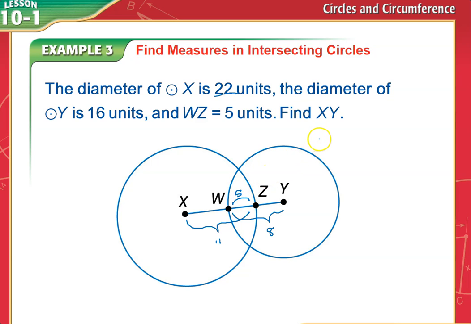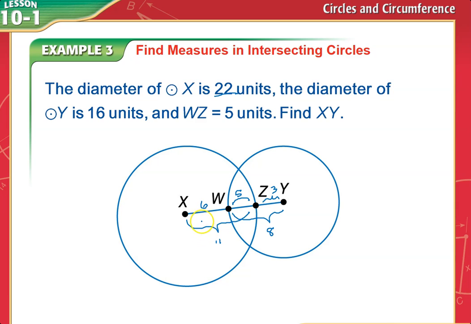It wants us to find XY. XY is the length between the two centers. Since WY is 8 and WZ is 5, and Z falls between W and Y, this length right here should be 3. We can do the same thing for XW. Since XZ is 11 and WZ is 5, XW should be 6.